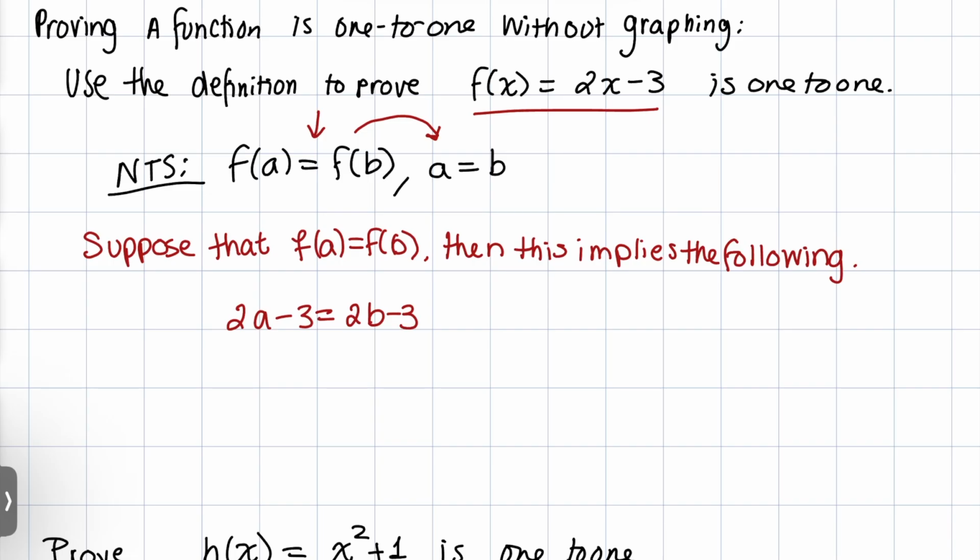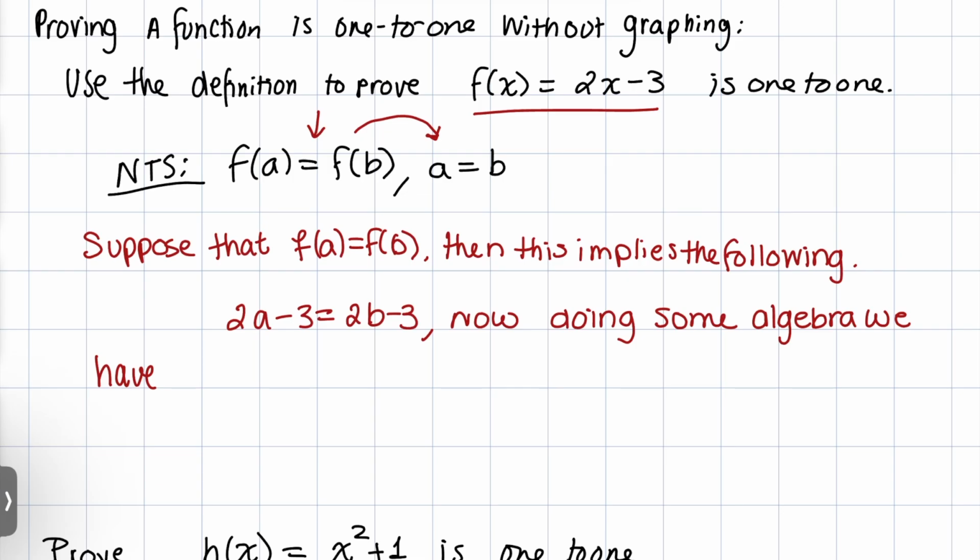Now, doing some algebra, we have 2a equals 2b by adding the 3. So if we add 3, we get 2a equals 2b.